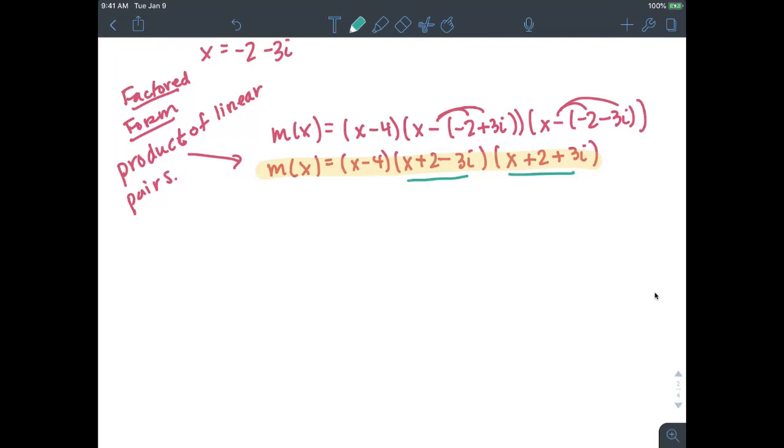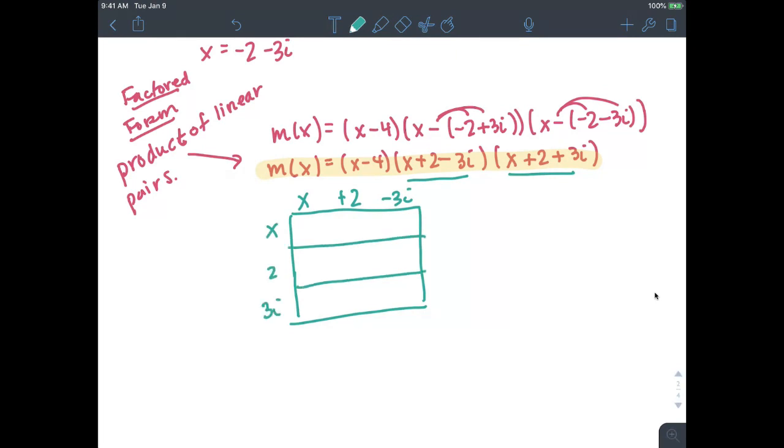I'm going to use an area model because I think it organizes myself a little better. So I'm going to do x plus 2 minus 3i. I have 3 terms, so I'm going to use 3 rows and 3 columns. Okay, x times x is x squared, 2x, minus 3xi, 2x, 4, negative 6i.